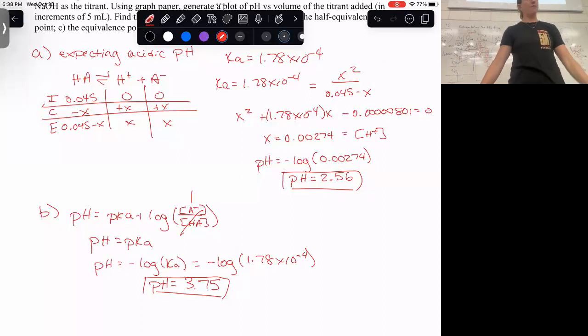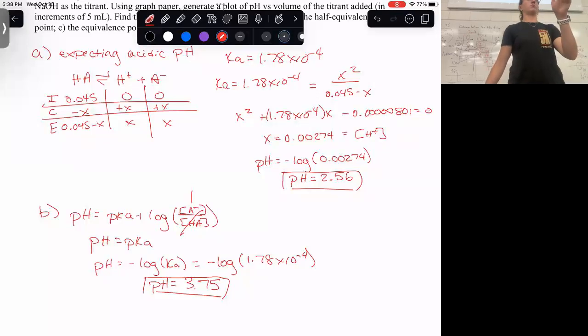Yes, at half equivalence, your concentrations of base and acid are the same in terms of conjugate acid, conjugate base. At the equivalence point, your moles of acid and base are the same. There's also a second equivalence point in a diprotic acid.